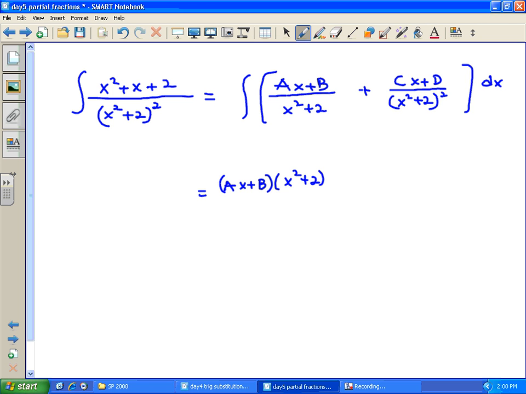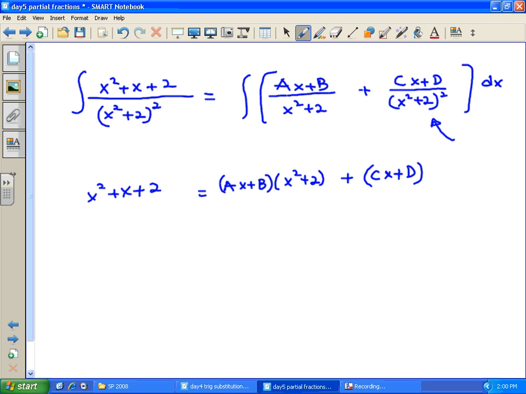And how about the second fraction on the right, the top and the bottom of that? What should I multiply that one with? Anything at all? Just one, because it already has that least common denominator, right? So I will just have cx plus d multiplied by 1, and I don't even have to mention the 1 in there. So this is the numerator of the right-hand side after we got common denominators, and the numerator of the left-hand side is x squared plus x plus 2.